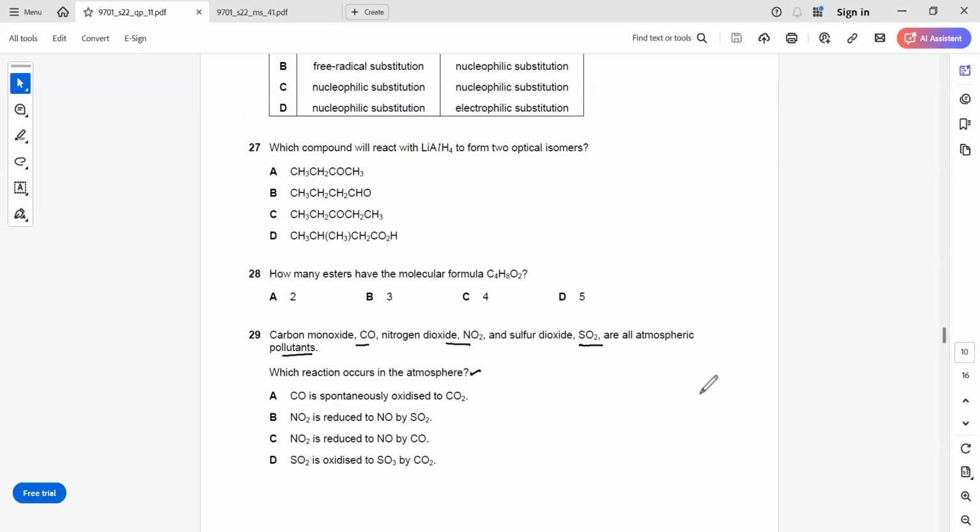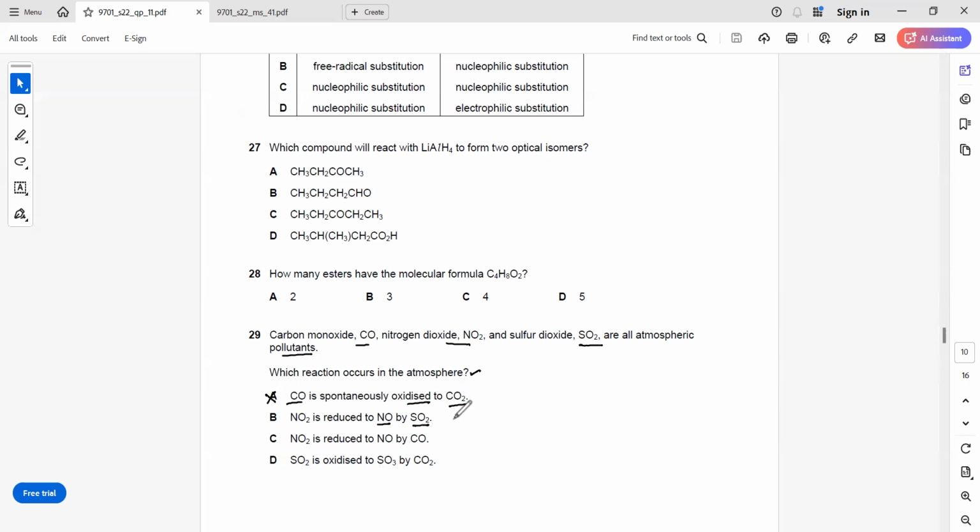Let's see, first of all, A. They're saying carbon monoxide is spontaneously oxidized to carbon dioxide. Actually, carbon monoxide does not oxidize spontaneously to carbon dioxide in the atmosphere under normal conditions. They're saying next, NO2 is reduced to NO by sulfur dioxide.